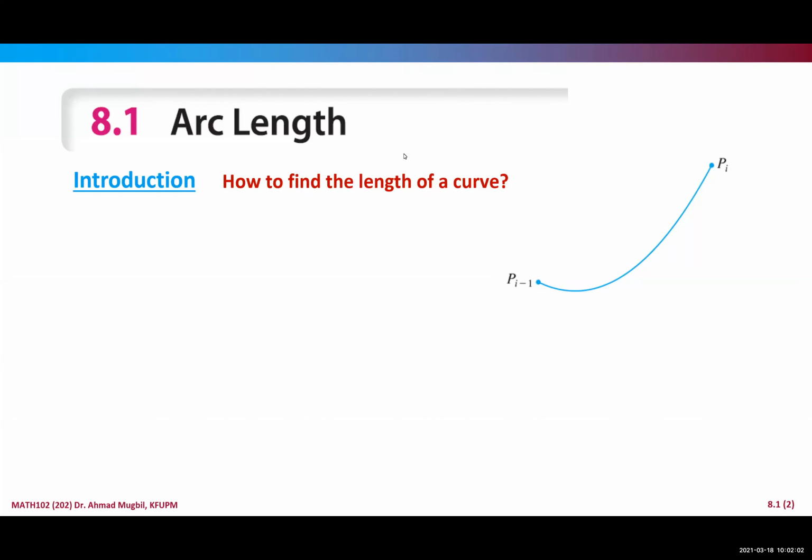If the curve is a straight line, it is easy. Am I right? Is that correct? If it is a straight line, yes. How to find the length if it is a straight line? Final minus initial. Position of final minus initial.